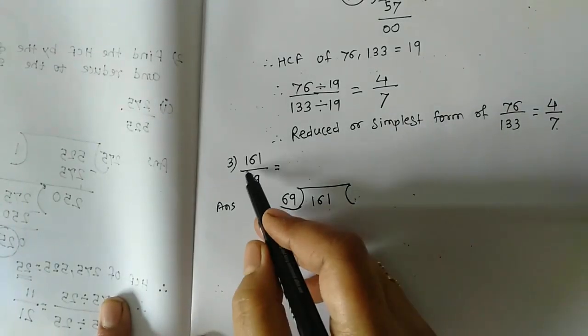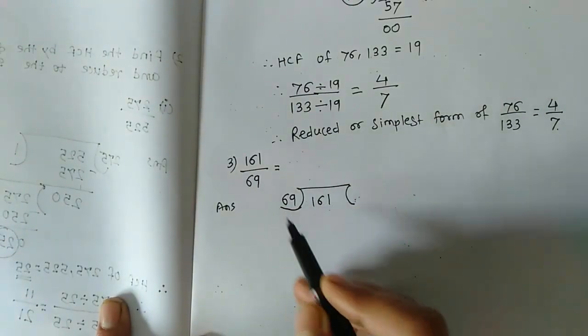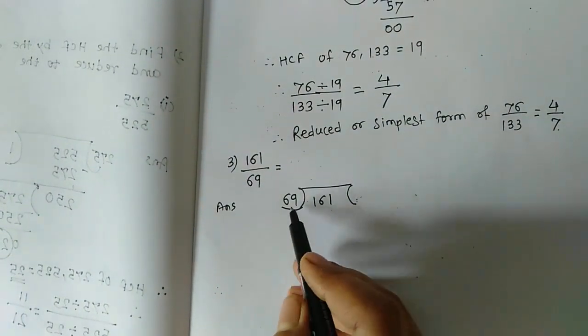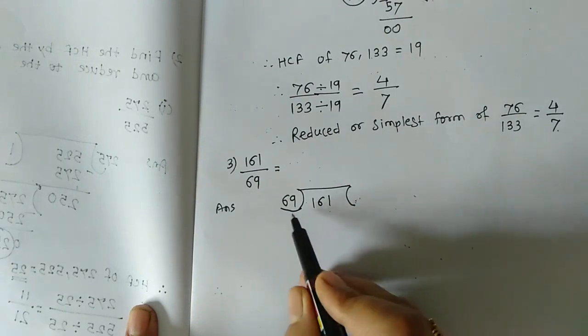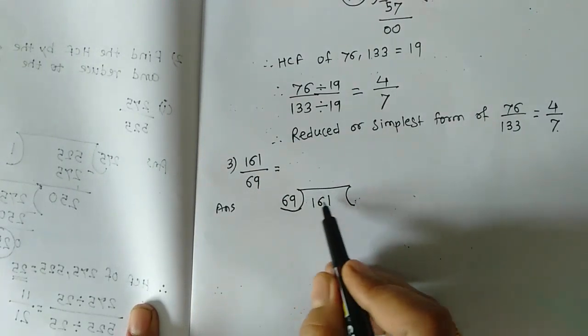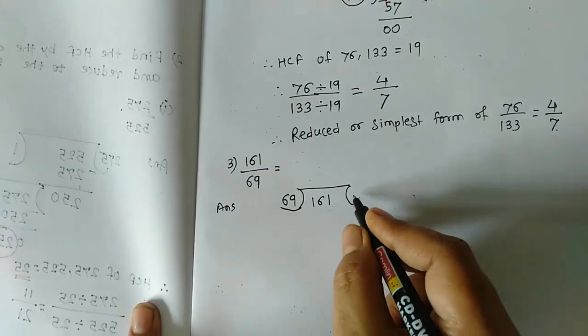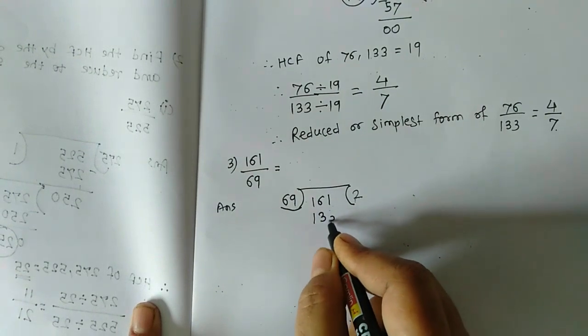Next is 161 upon 69. 69 is the smaller, so it is the divisor, and 161 is the dividend. Now 69 twos are 138.